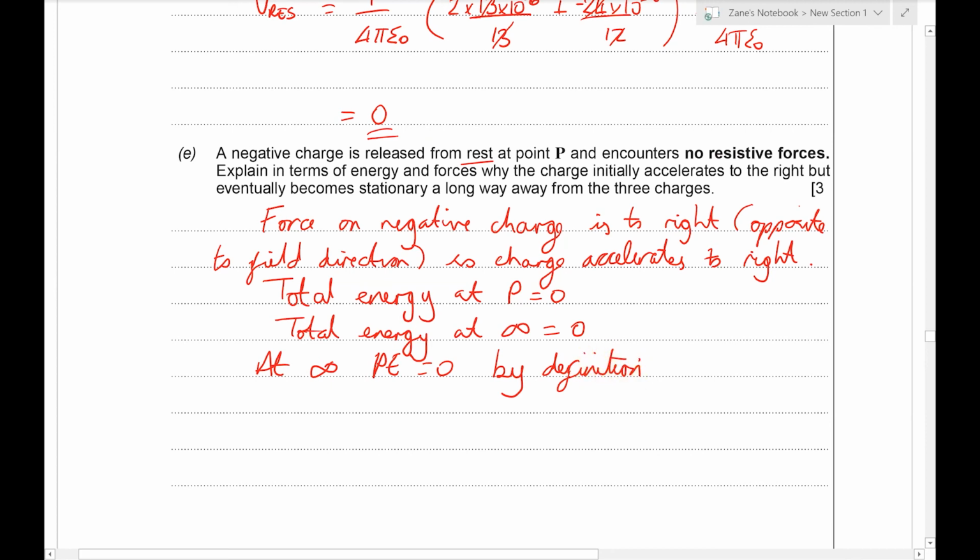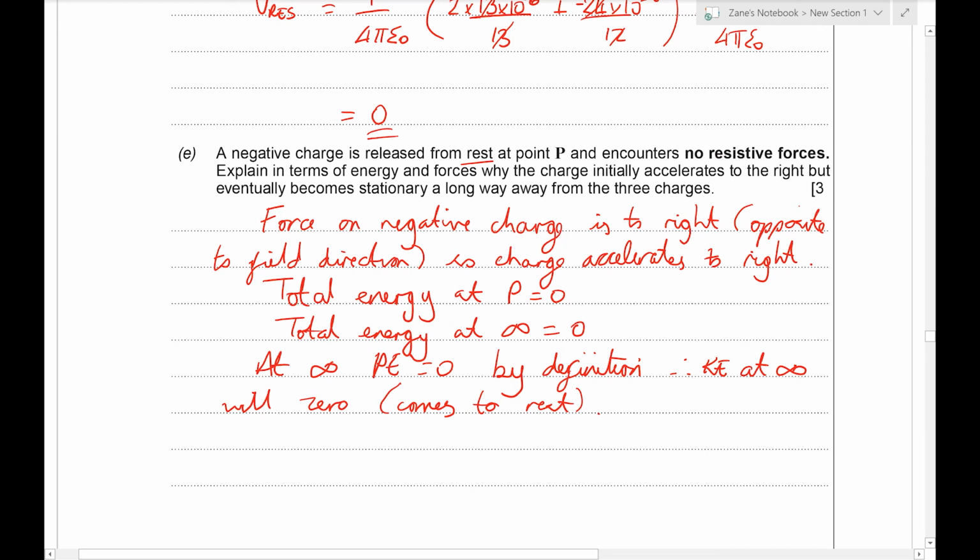The definition of the electric potential at a point is the work done in moving a unit positive charge from infinity to that point, and if we're already at infinity, obviously there's no work done there. So if we have 0 potential energy at infinity, therefore the kinetic energy at infinity will also be 0. So the charge here must come to rest.